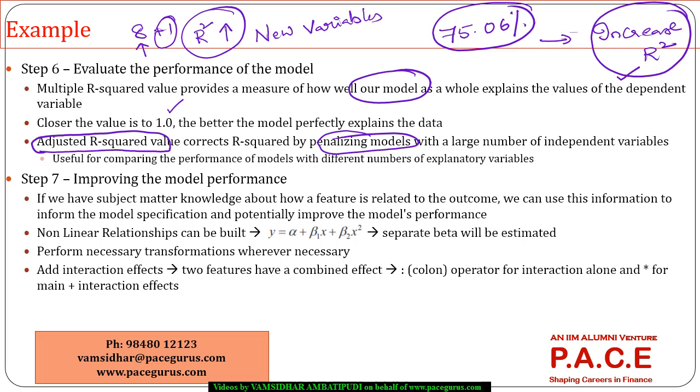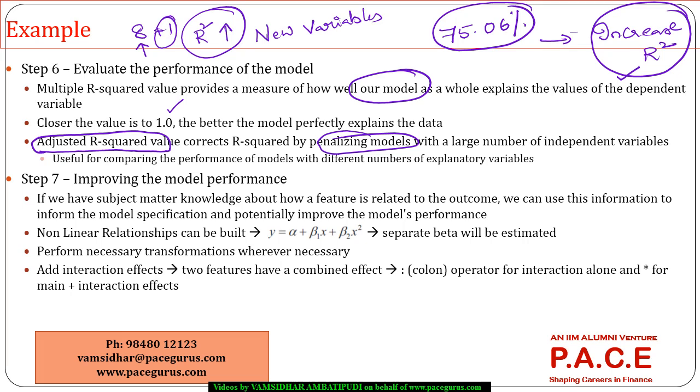So if after applying that penalty, the R squared is still higher, then I will say the new variable I have added is contributing significantly to the model. But if after applying the penalty the R squared is lesser, then I say that the model is not improved because of the addition of the new variable, so there is no point in adding it at all.